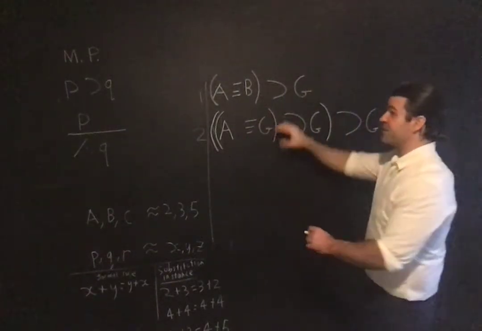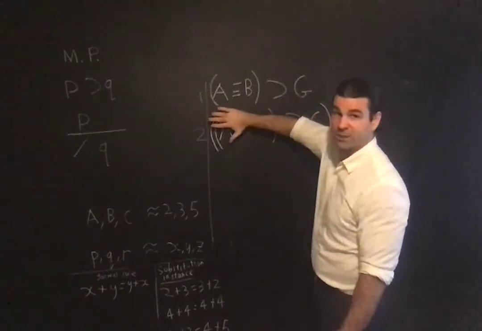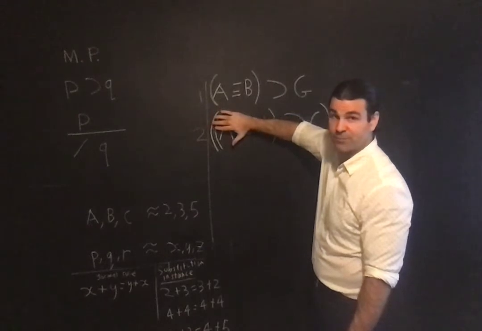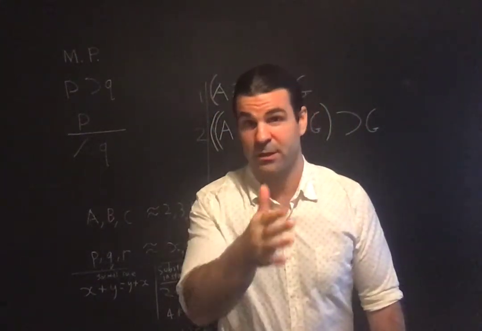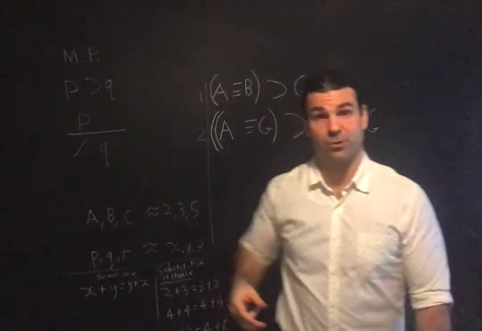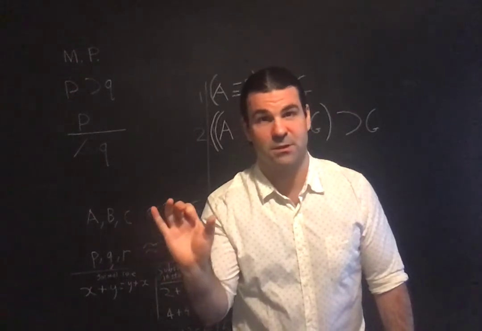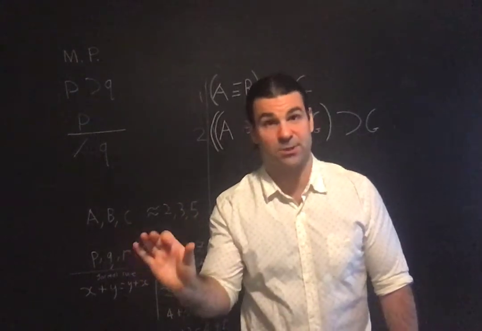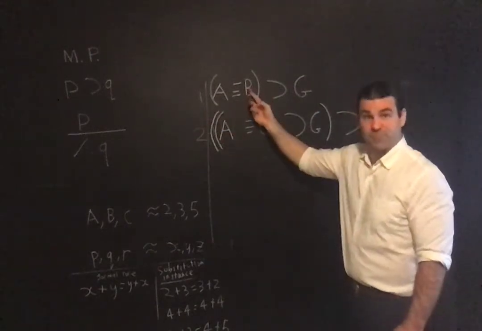So notice this. This is of the form P hook Q because it is a conditional, and every conditional is of the form P hook Q. I'll be doing the exercises, exercise 1, to show you how to recognize when individual statements are or are not instances of forms. But this is an instance of P or Q, but this is also an instance of P in this case.